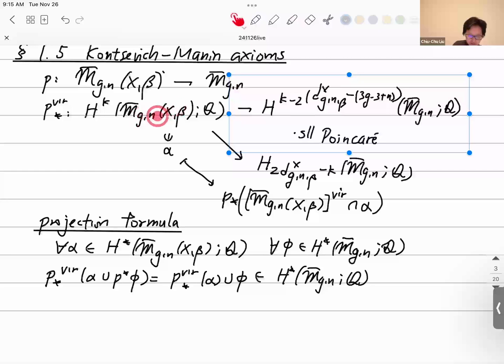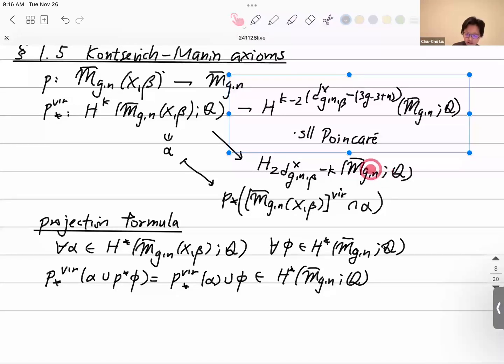So this is the virtual push forward. It's given by the following. First we take any degree k cohomology class on the moduli of stable maps. We cap it with the virtual fundamental class, we get a homology class of this degree. And then we apply p lower star, we get a homology class of the same degree, but now it's on M bar g,n.